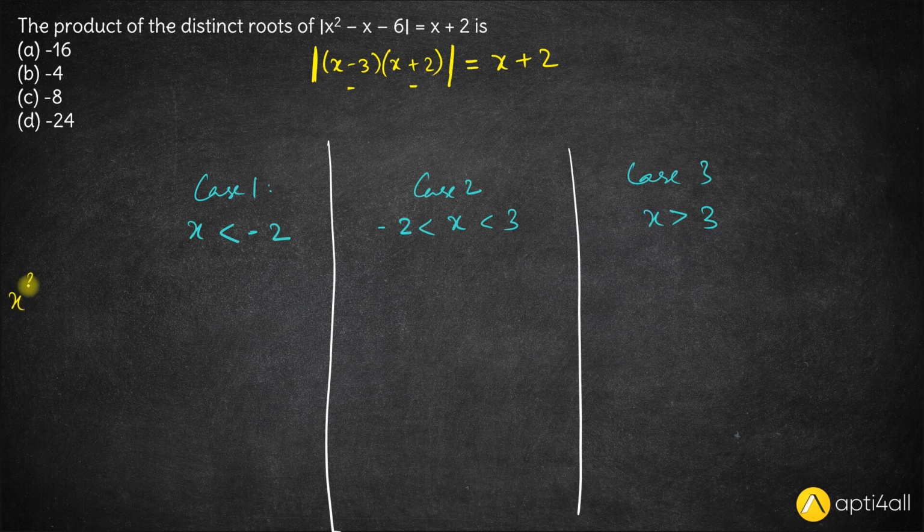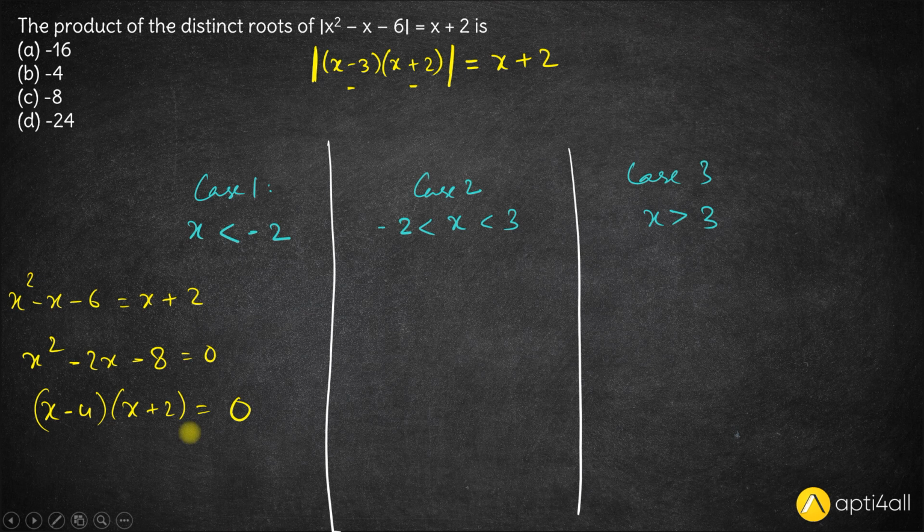This whole expression is x square minus x minus 6, which is x plus 2. So we'll have x square minus 2x minus 8 is equal to 0. So once you factorize, you'll have x minus 4 into x plus 2 is equal to 0 here, right? So x here comes out to be either plus 4 or minus 2.